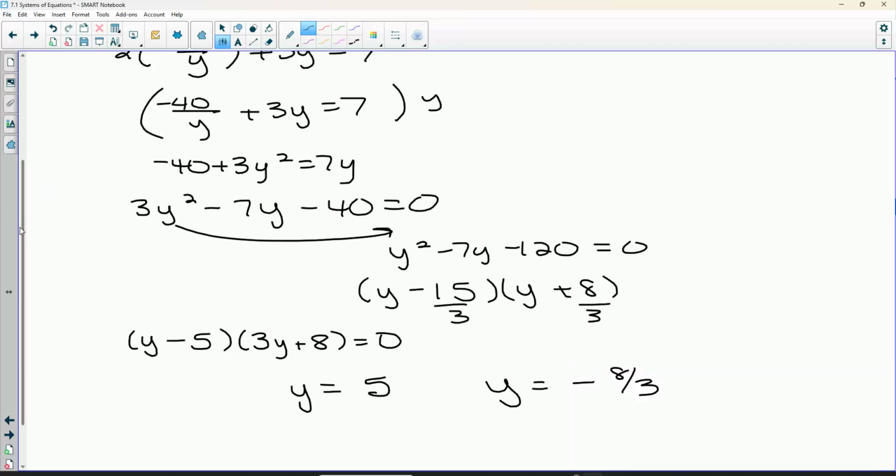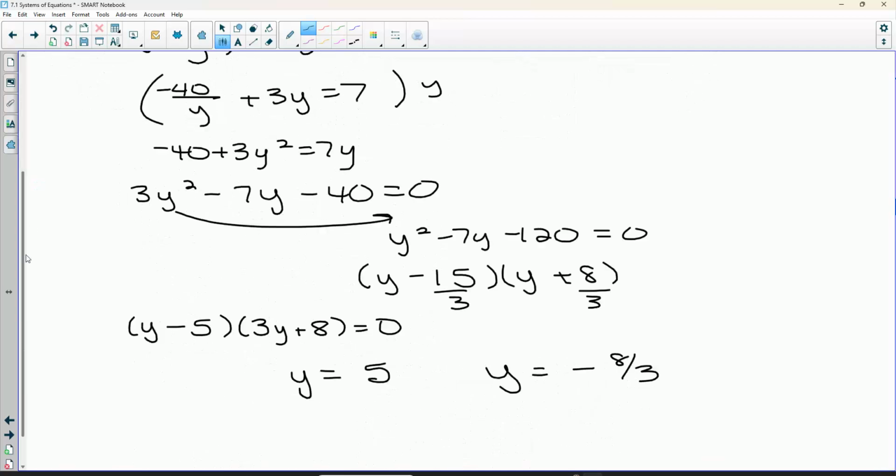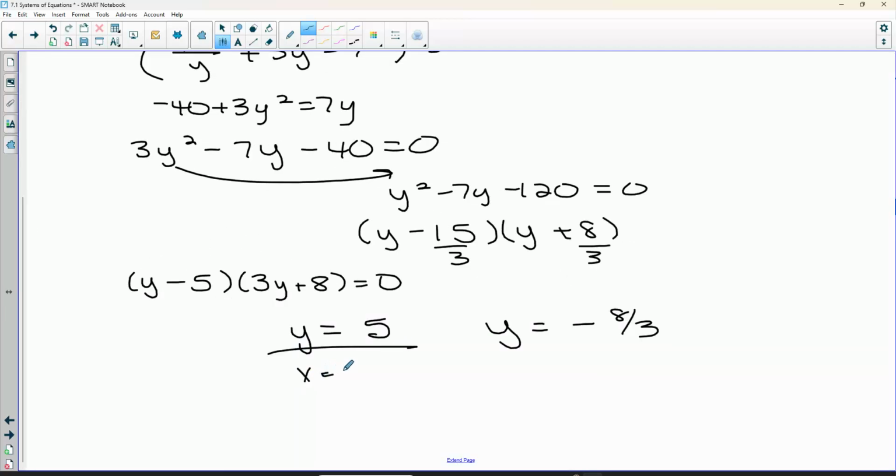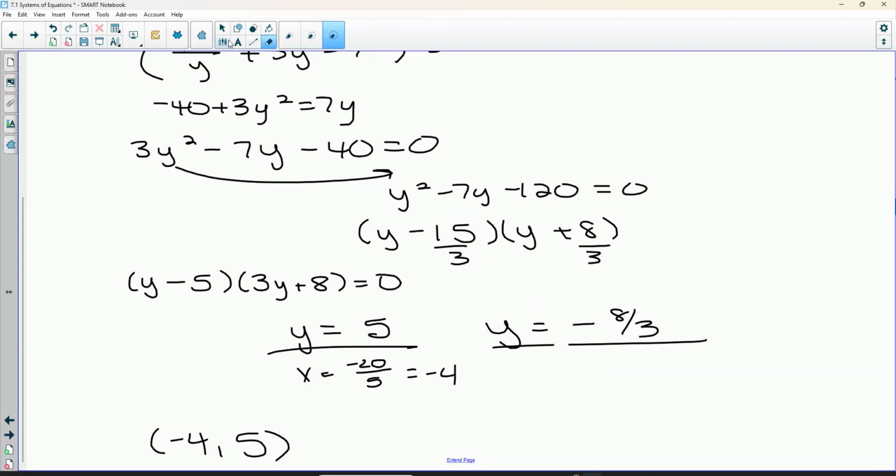All right, we have to get x. We know x is negative 20 divided by y. So negative 20 divided by 5 is negative 4. So negative 4, 5 is one of my points. This one. So negative 20 divided by negative 8/3 is 15/2.